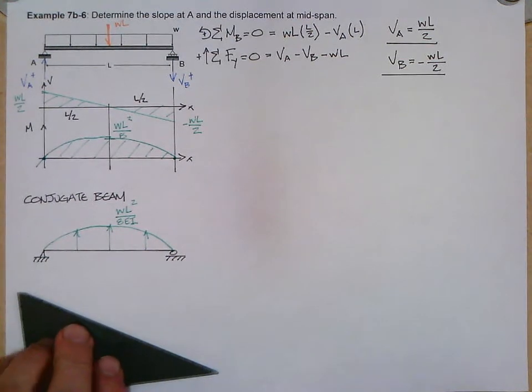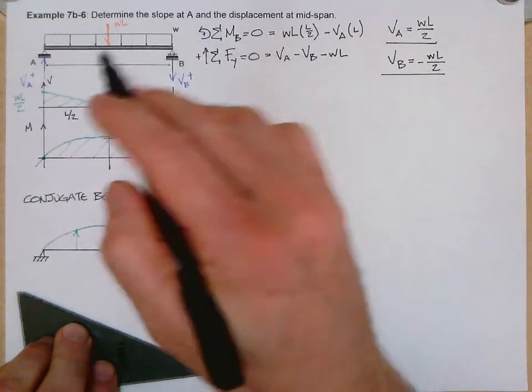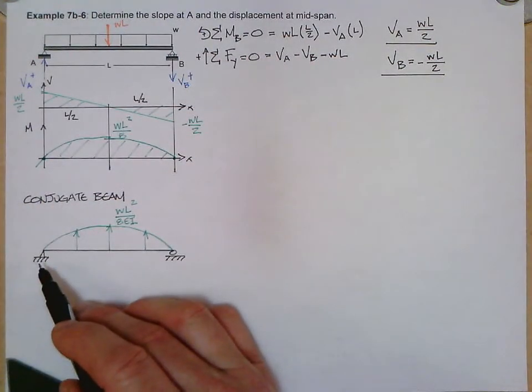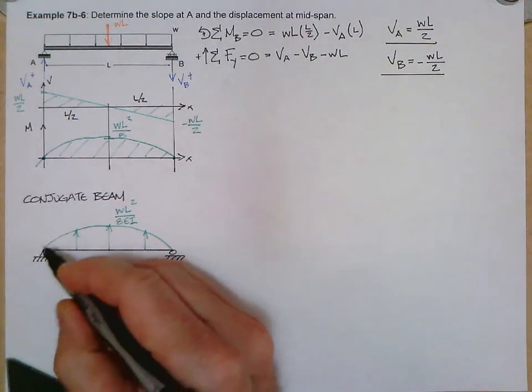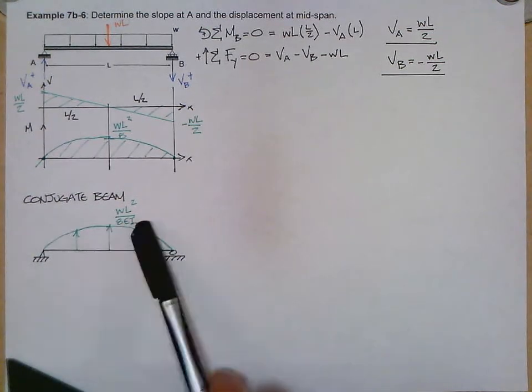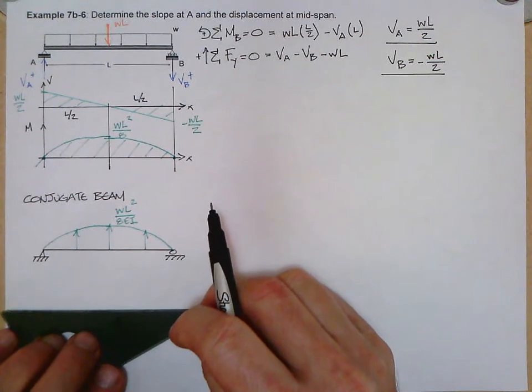Okay. Now remember, one of the things we have to find is the slope at A. So the slope at A in the real beam is going to be the shear at A in the conjugate beam. So I'm going to find the shear at A here. Let's do that first. Just because this is kind of complicated to look at, I'm going to draw a simpler version of that.